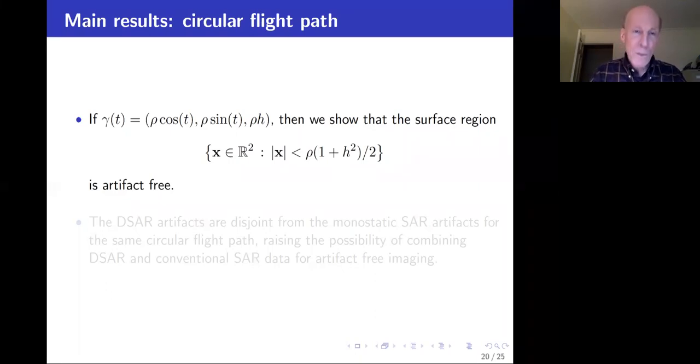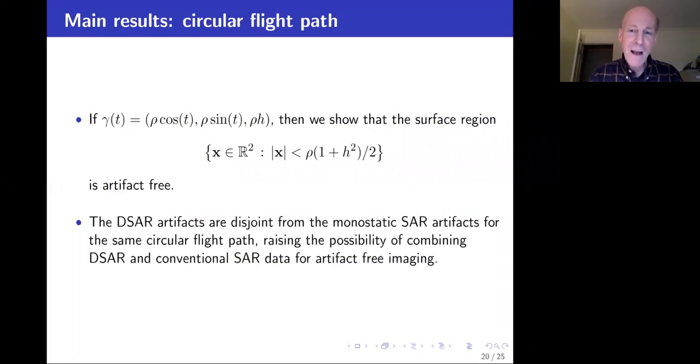Now, an interesting point which we have not pursued, which would perhaps be interesting to pursue, is that if you compare the artifact points down on the ground for the circular flight path for monostatic SAR versus Doppler SAR, the artifact sets are disjoint.